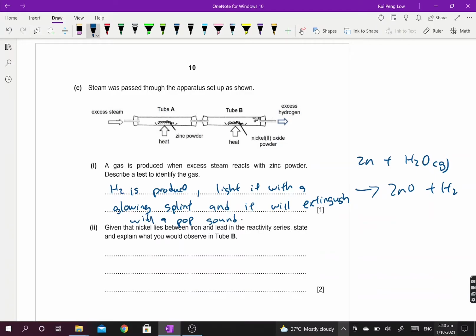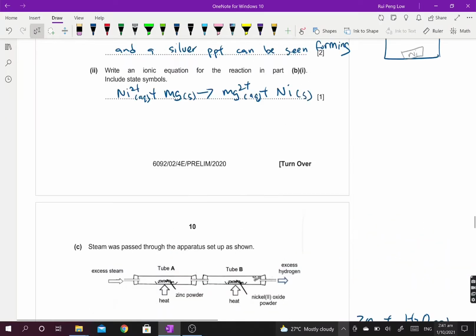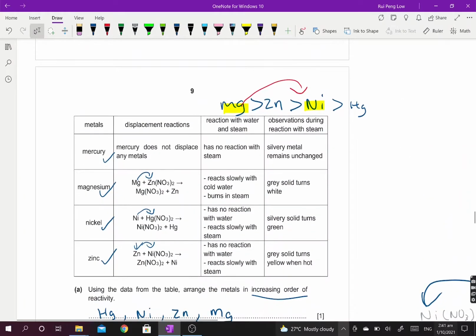Okay, this one is quite straightforward. Given that nickel lies between iron and lead in the reactivity series, state and explain what you would observe in tube B. Okay, let's see.